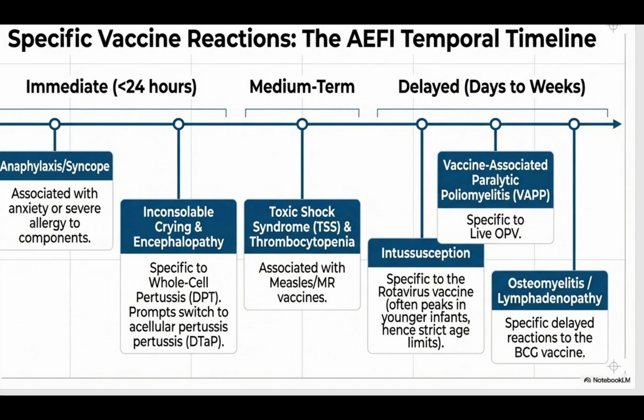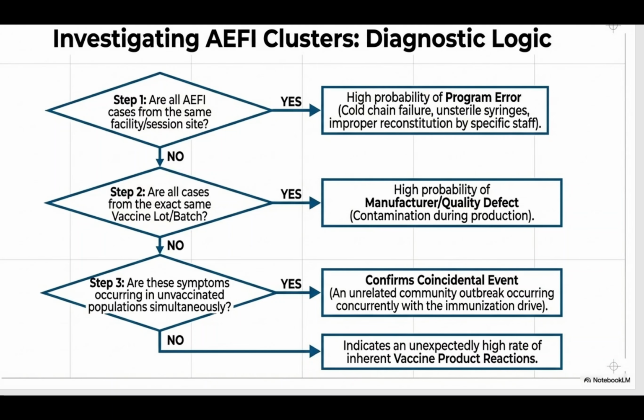Now, immediate anaphylaxis or syncope could be due to any vaccination, but inconsolable crying or encephalopathy is particular to the pertussis containing vaccination. Toxic shock syndrome also is one event which occurs very soon after the contaminated measles containing vaccine. Intussusception, vaccine-associated poliomyelitis and osteomyelitis, they are delayed effects of the adverse effects of the vaccines.